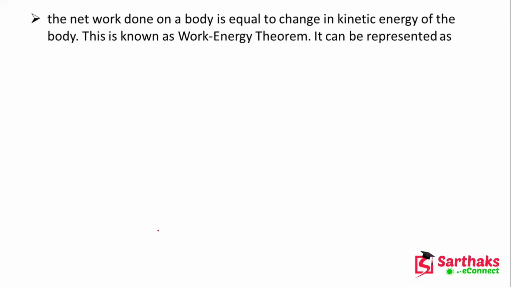Now the net work done on a body is equal to the change in kinetic energy of the body, that we know, and this is known as the work energy theorem.